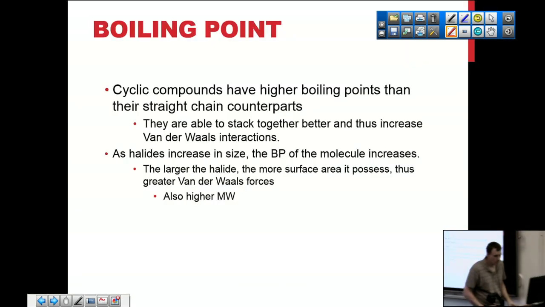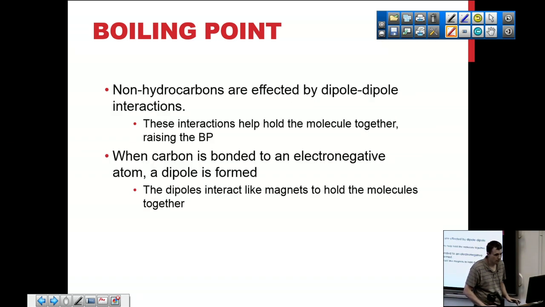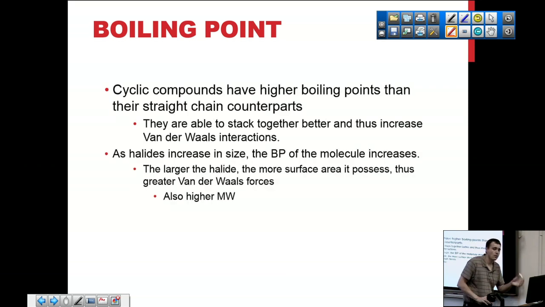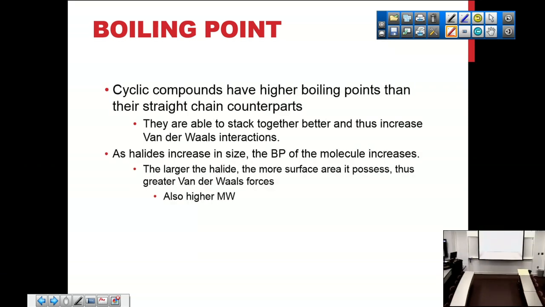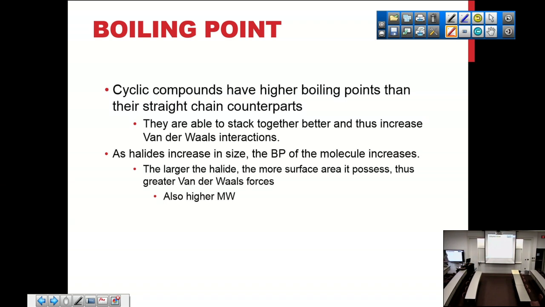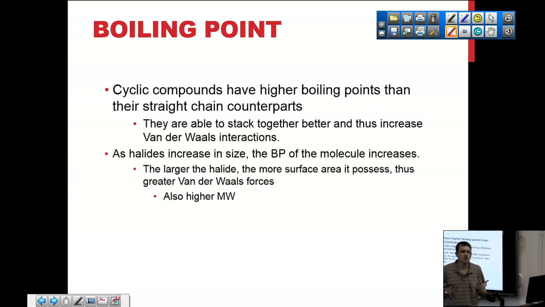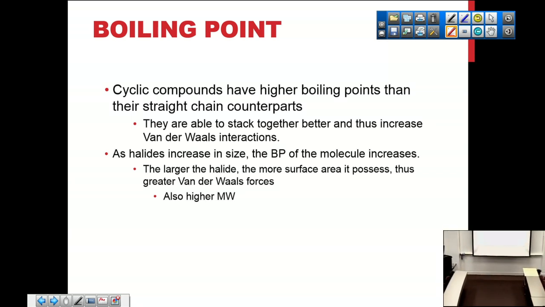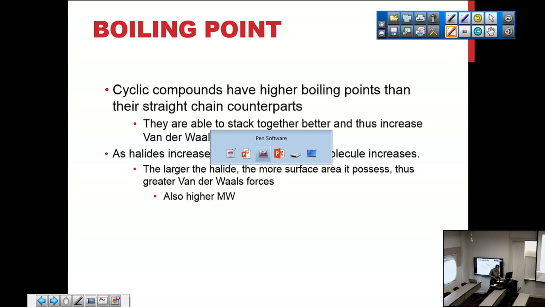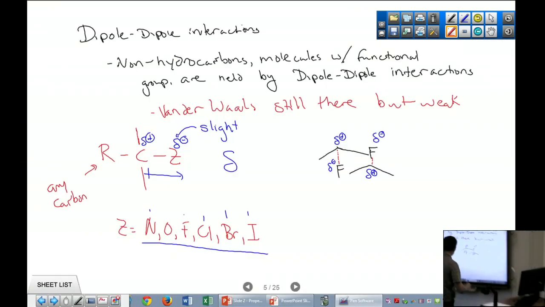So where do we go? Okay. All right, now we're going to talk about cyclic compounds. When a compound is cyclic, it has a higher boiling point than a straight chain molecule of the same number of carbons. So what do I mean? All right. Again, flash ahead here.